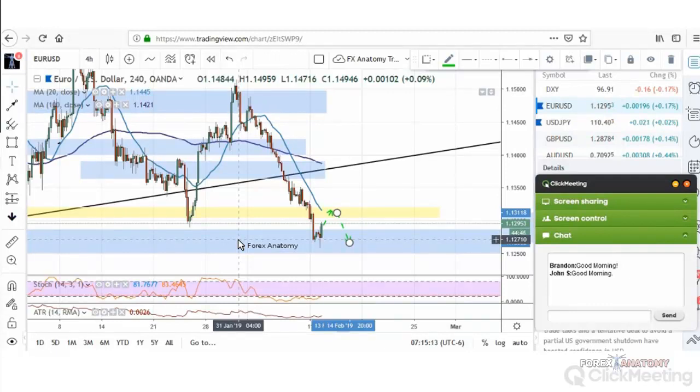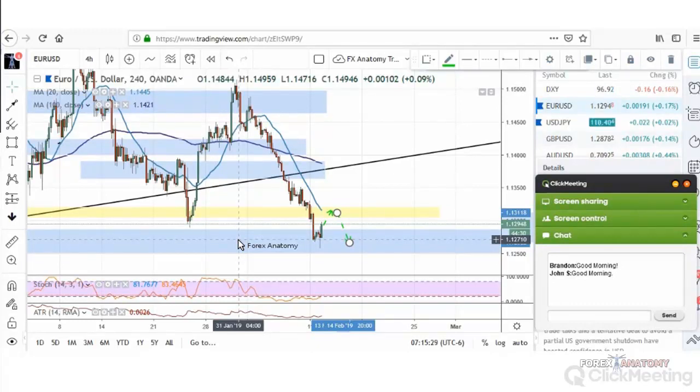So right now we just have to be in wait and see mode. That's pretty much it for the euro USD. I don't have too much to share with you guys. That's my outlook, that's my bias for this particular pair.